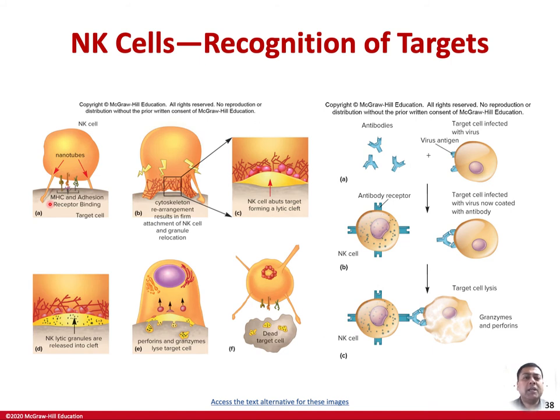But just in a nutshell, to understand this process: if a cell is infected by a particular pathogen, the cell tries to take at least a couple of these microbial peptides, which could be a viral protein or a bacterial protein, and show them on the surface of the plasma membrane with the help of MHC1.